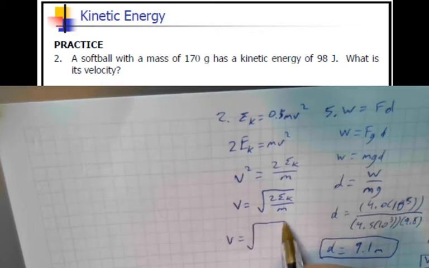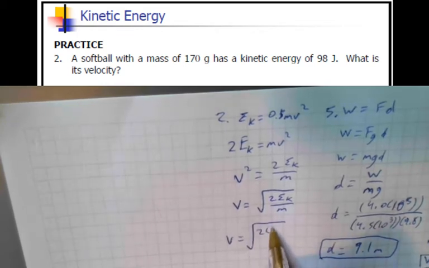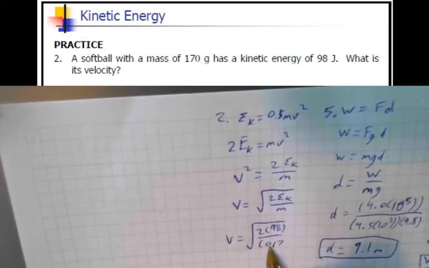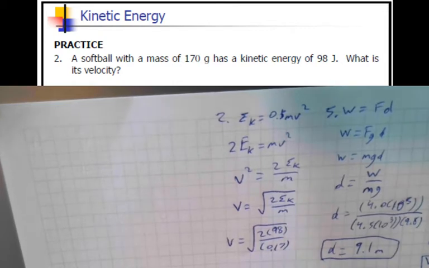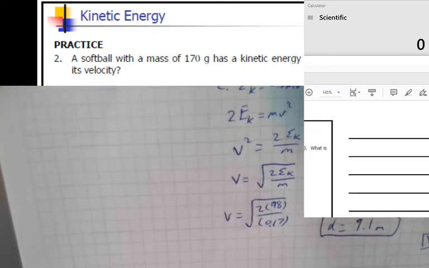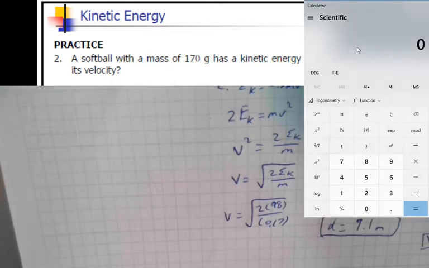We're going to do our substitutions. The energy is 98. The mass is 0.17. And now we can calculate this. So 2 times 98 divided by 0.17.